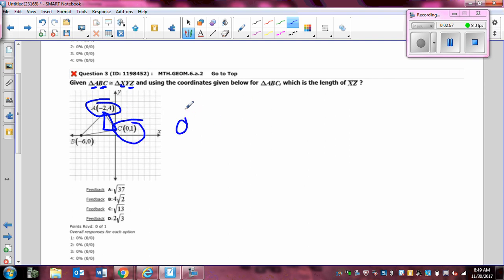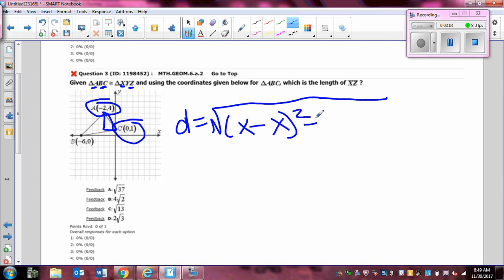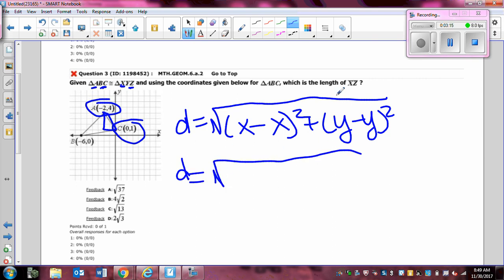So use the distance formula, plug it into your calculator. We're going to use x minus x plus y minus y. Remember that we're going to use the square root. Don't forget about the square root. That's why most people get these questions wrong, is they just forget about the square root. My x values are the first two, which is -2 and 0. So we're going to say -2 minus 0 squared plus 4 minus 1 squared.